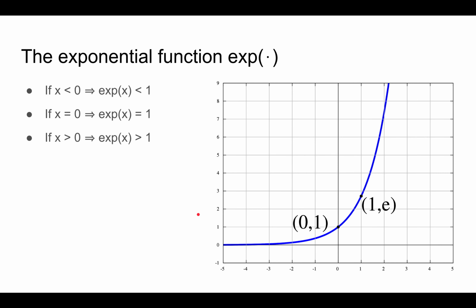And just as a quick reminder, this is what the exponential function looks like. If you take the exponential of 0, you get 1. If you take the exponential of a negative number, you get something less than 1. If you take the exponential of a positive number, you get something more than 1.